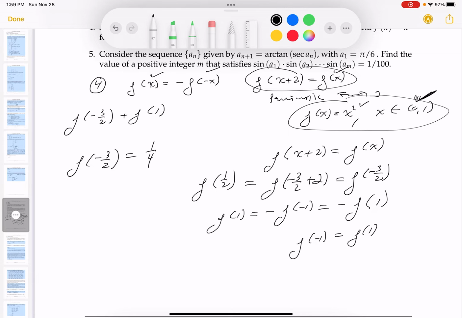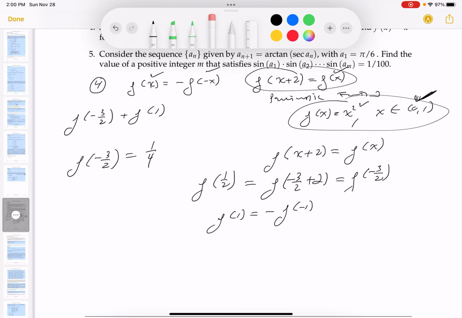I did f of 1 is the same thing as minus f of minus 1. Oh, wait a second. I don't think I needed to write that down. So f of 1 is actually f of minus 1.